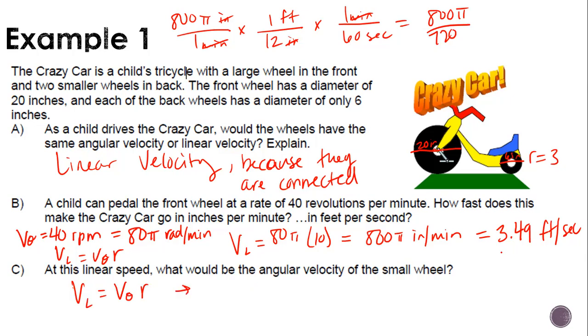So I'm going to plug in what I know. What was our linear speed? 3.49 equals, and we're looking for our angular, and what's our radius? 3. So what do I need to do to find the angular speed? Divide by 3. All right, so how fast is this little car moving?